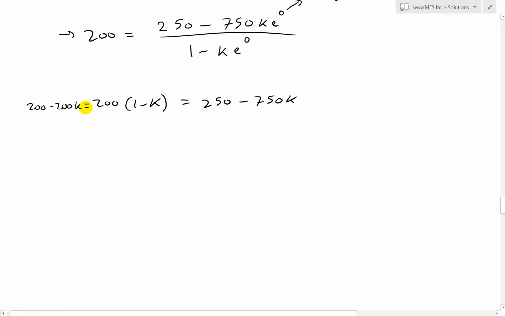Let's write this neater. 200 minus 200k equals 250 minus 750k, and then what we'll do is move the k's onto this side, and we'll factor out the k so that we have a positive, and then move the 200 onto here by subtracting.